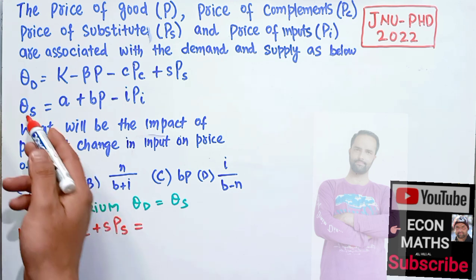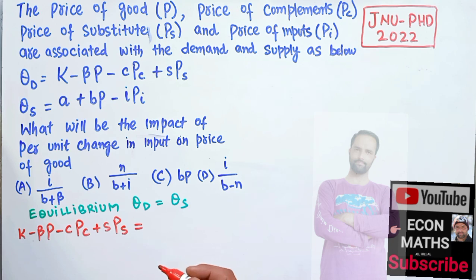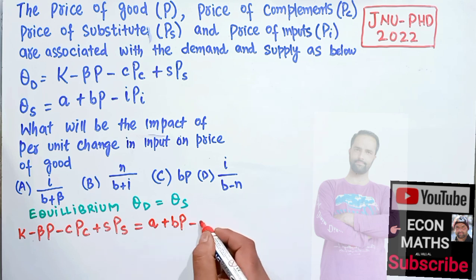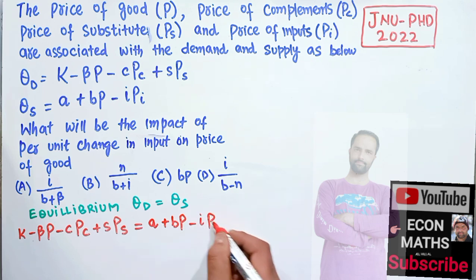It should be equal to the supply, which is being given as A plus B, the price of good, minus I times the price of input. We need to solve this for P.